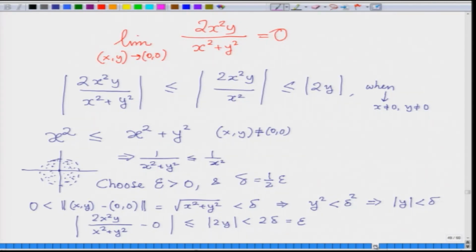So, we should write on the side: when either x equal to 0 or y equal to 0, 2x square y by x square plus y square is equal to 0, and automatically things hold.